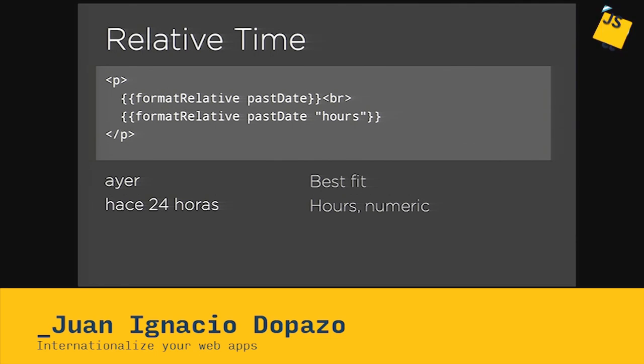So if you had a date 24 hours ago, and you just use format relative, it'll try to give you the best fit possible and say yesterday, which makes sense. Or you can actually force it to use numeric hours, but it won't just give you the number 24. It'll give you part of a sentence that says hace 24 horas, or 24 hours ago.